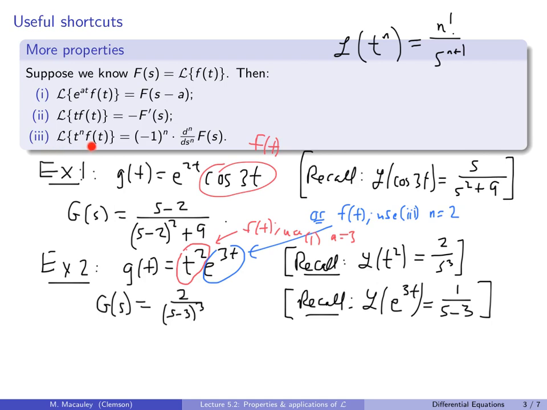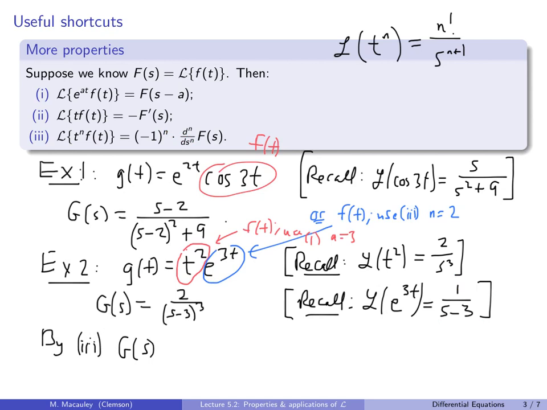So formula 3 up here says that the Laplace transform of this product is just the second derivative of this guy times negative 1 squared, which is plus 1.